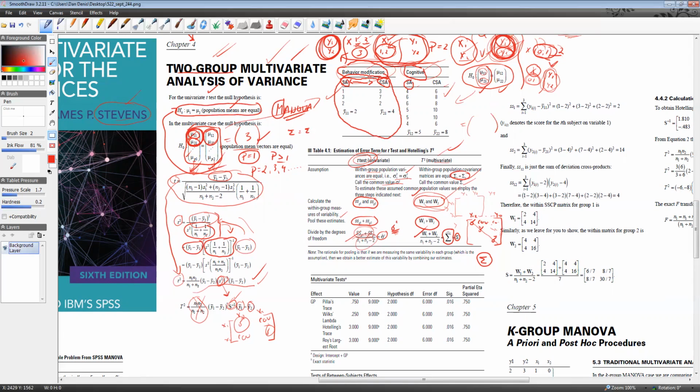What changes is you've added in another group: behavior modification, cognitive, nothing. This is the nothing group as, say, the third group. Okay. Add in another dependent variable or response variable, and you're adding another mean down here. So you get another mean, another mean, another mean, depending on how many response variables you have. And that's one way to see if you're understanding that idea.